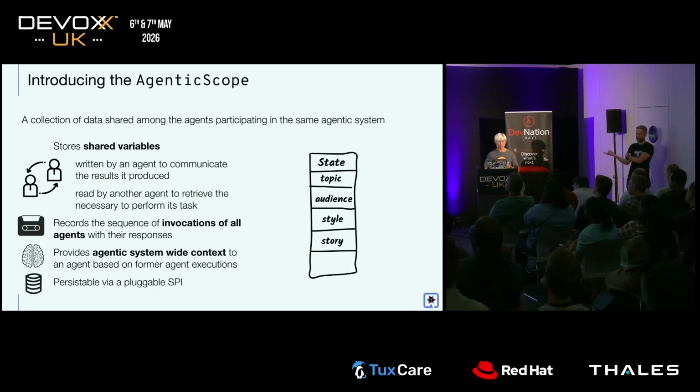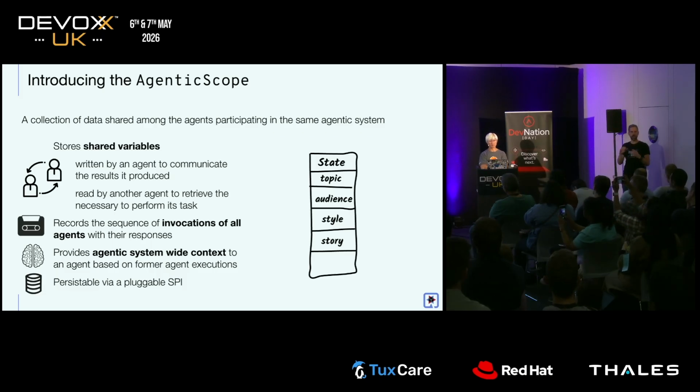The agentic scope is really powerful because you have multiple agents that each have their input and output, and to pass whatever happened in the first agent to the second agent, you need to store that somewhere, right? That's what the agentic scope is about: keeping all the information about the entire agentic system, about the invocations as well as the data that flows between them, in a shared state.